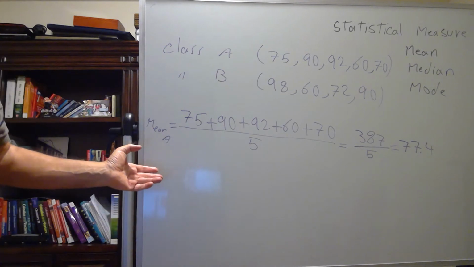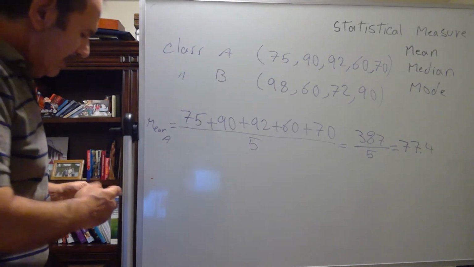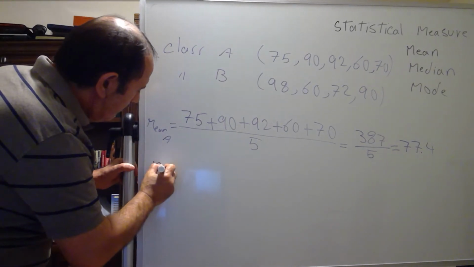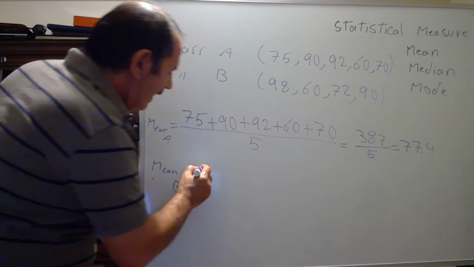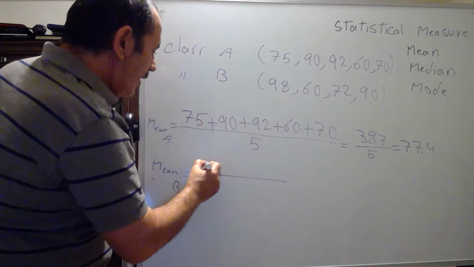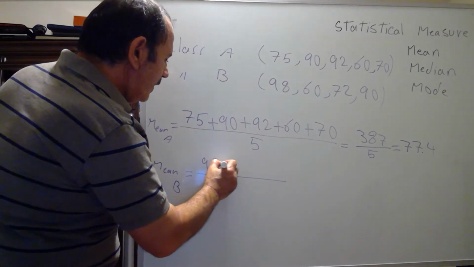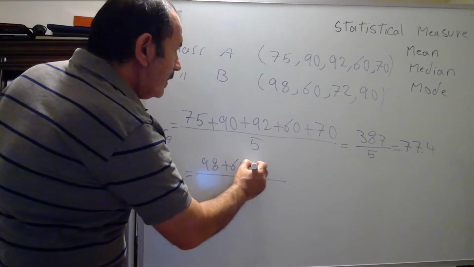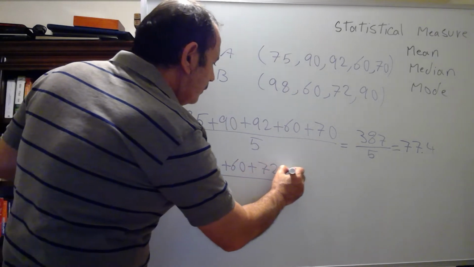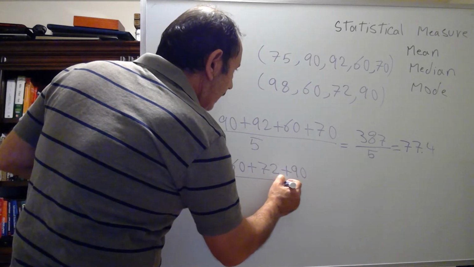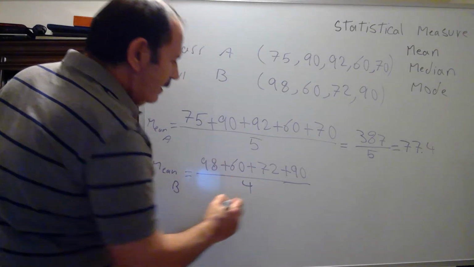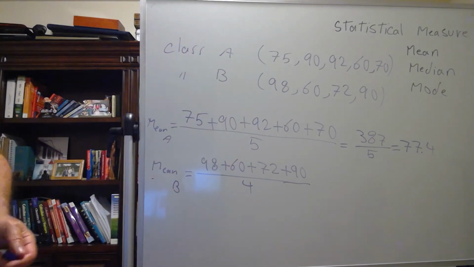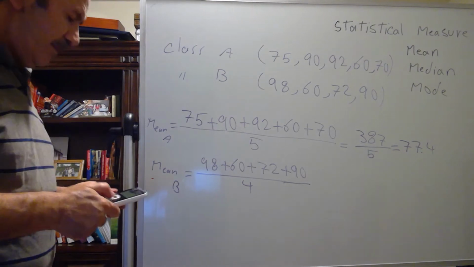Now for class B, the mean of class B. Again, we have 4 data: 98 plus 60 plus 72 plus 90, and divide by the number of data, which is 4. So what's the result?